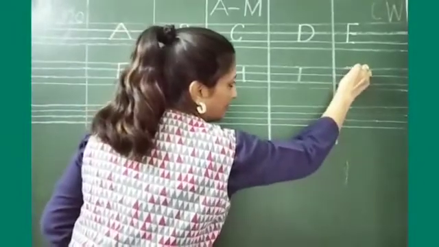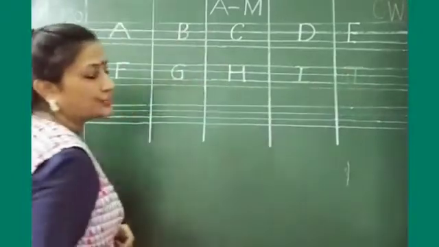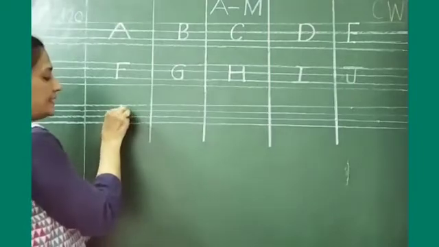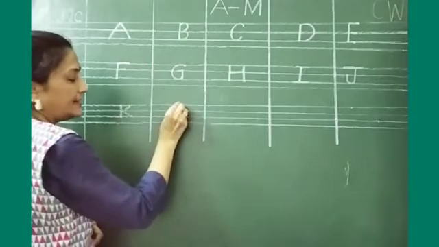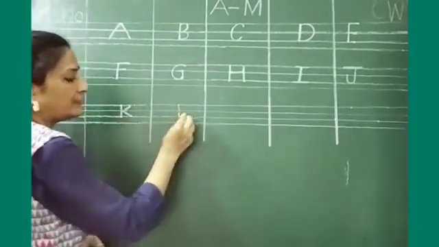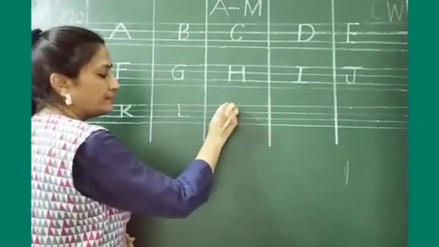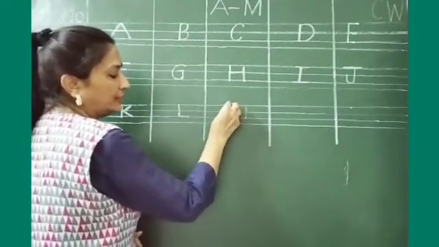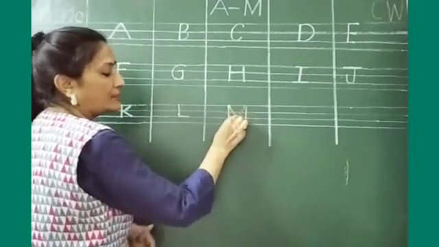Then comes J: sleeping line, standing line, and you have to turn and touch it here. Now comes K: standing line, sleeping line, another sleeping line, and this is K. Now comes L, which is very simple. Then comes M. You will make two standing lines, put a dot here and a slanting line from here and another slanting line from here.